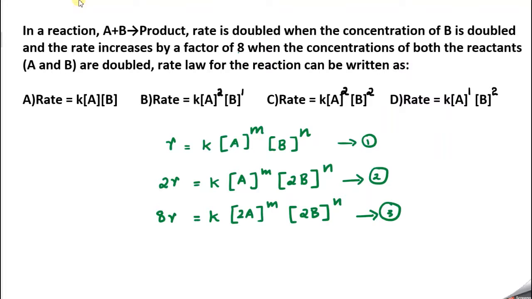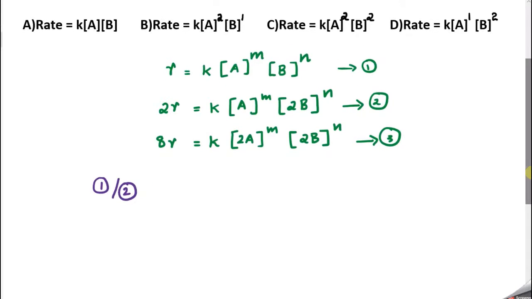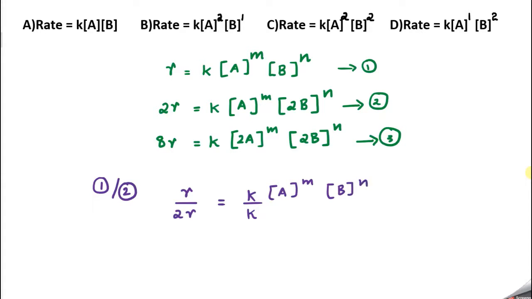Now we will divide equation 1 by 2. Why are we dividing equation 1 by 2? Because if you divide that, we have the common factor A that will get cancelled off, so that we will get the order with respect to B very fast. Understood? So this becomes R divided by 2R is equal to K by K, A power m and B power n in the numerator, and in the denominator A power m, and 2B raised to n.